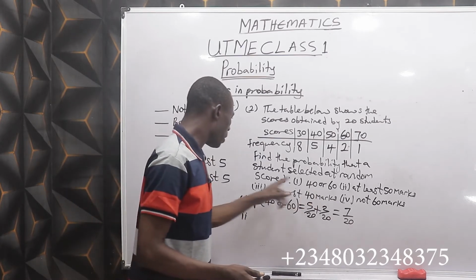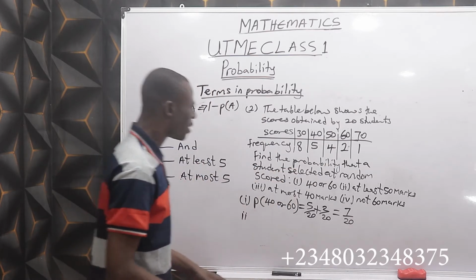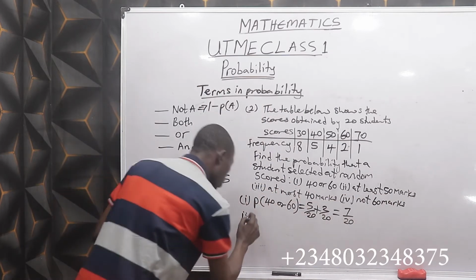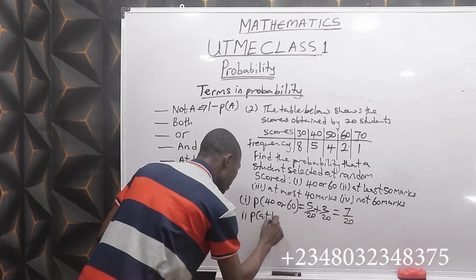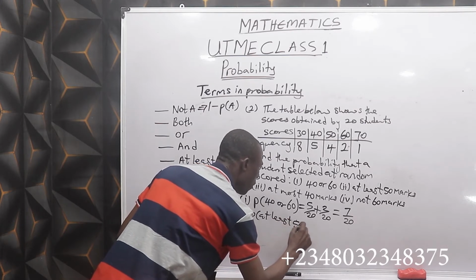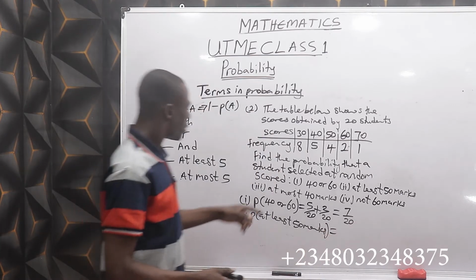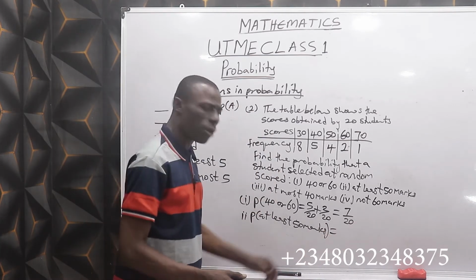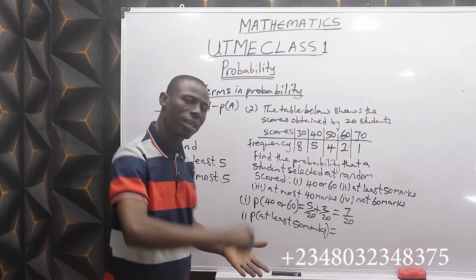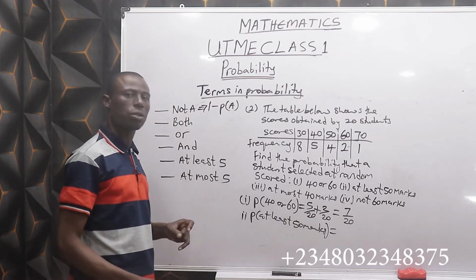Let's consider Roman figure 2. Find the probability that a student selected at random scored at least 50 marks. The probability of at least 50 marks is, we look for the number of students that scored 50 and above. At least means that number and above, as I've explained to you earlier.